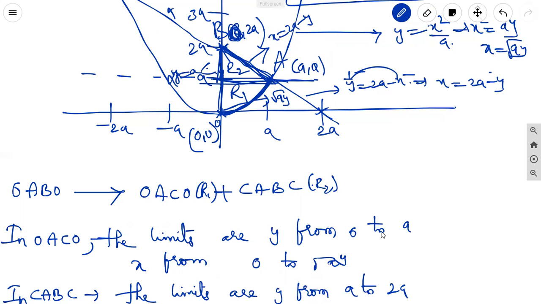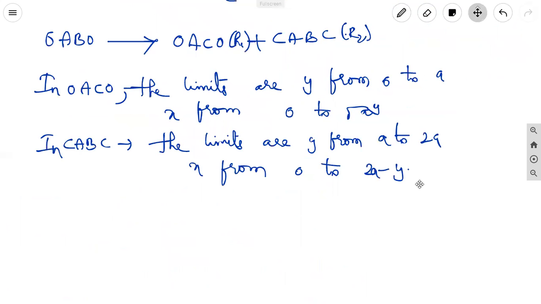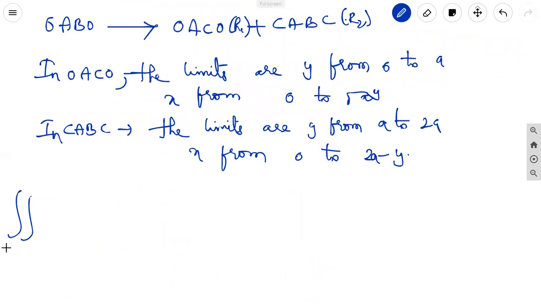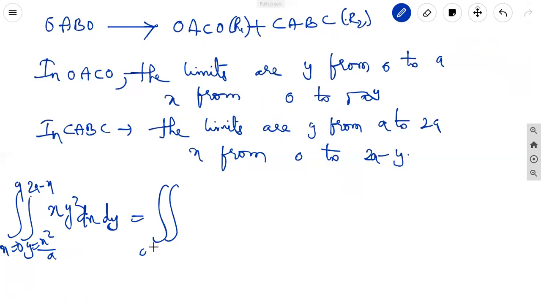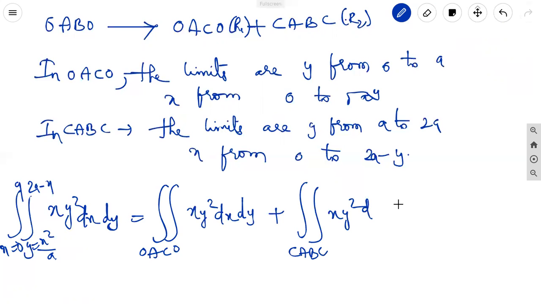Okay. Now we can take the given integral, double integral x equal to 0 to a, y equal to x squared by a to 2a minus x, x y square dx dy, equal to double integral OACO x y square dx dy plus double integral CABC x y square dx dy.